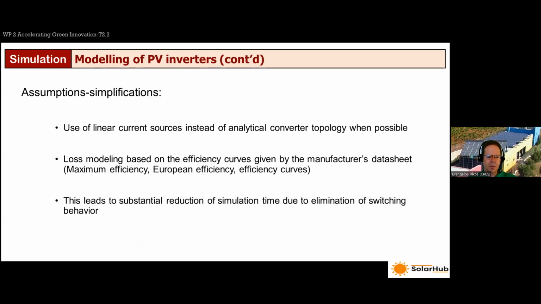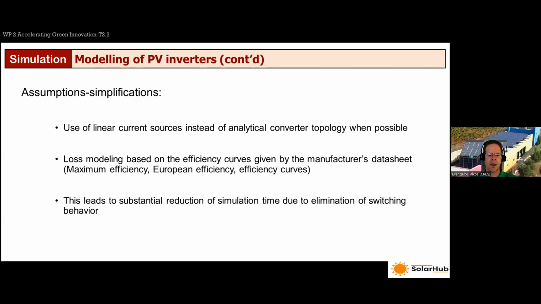This is also some repetition of the previous assumption, that linear current sources or voltage sources instead of analytical converter topologies should be used when possible. And this could also be combined with some modeling of the loss. If you want to perform an energy efficiency analysis or energy performance analysis in the long run, then we can use linear current sources combined with some models regarding the loss calculation, right?